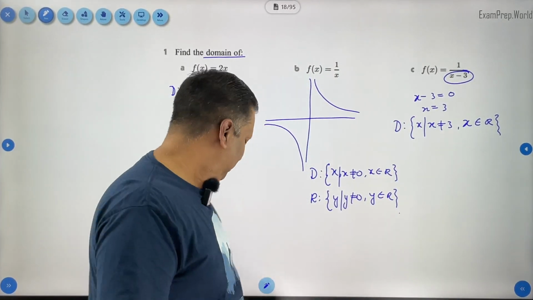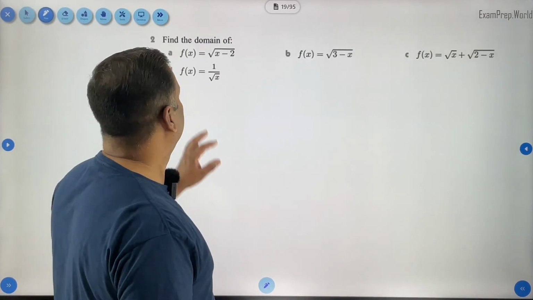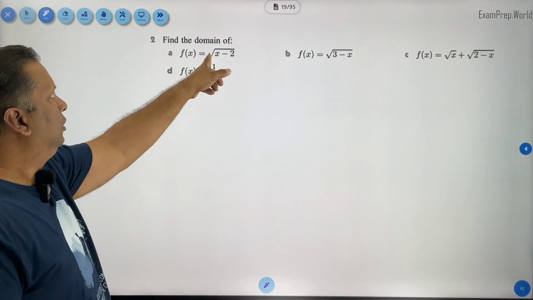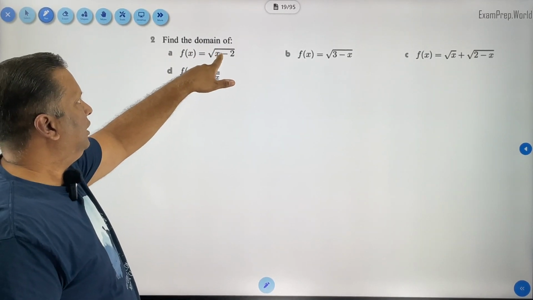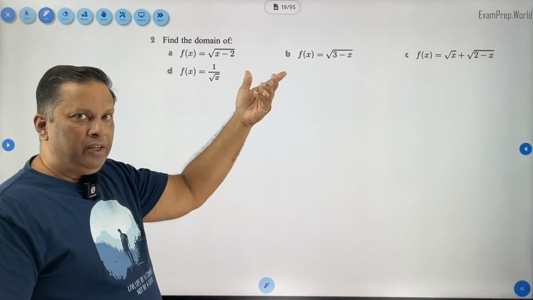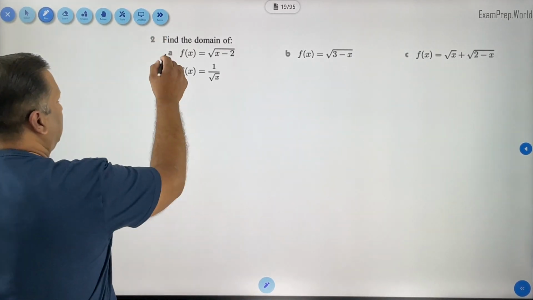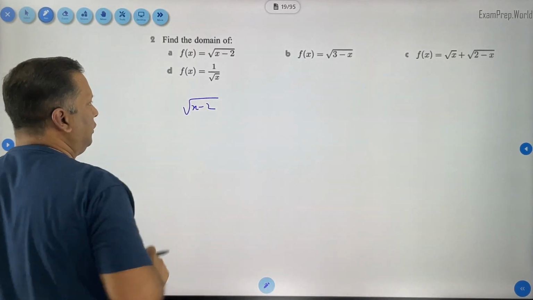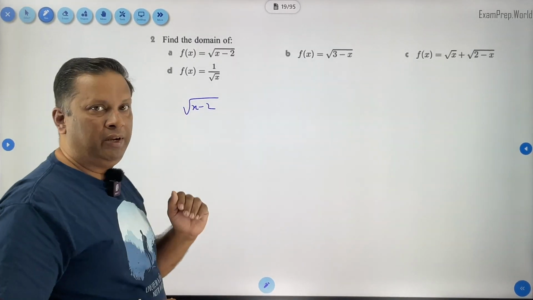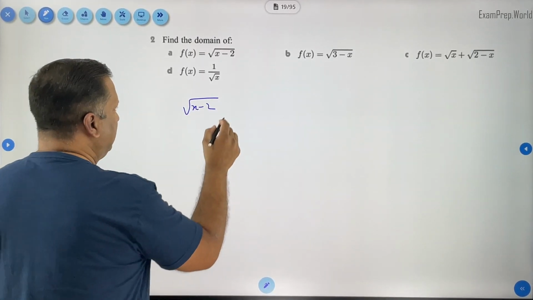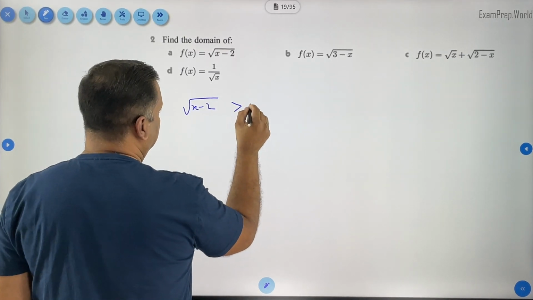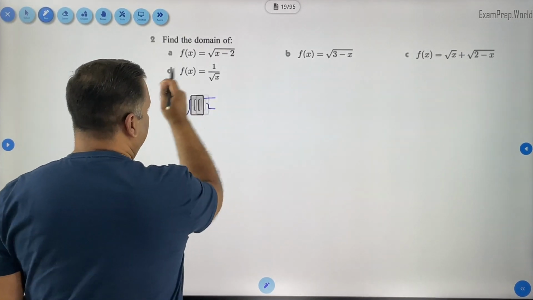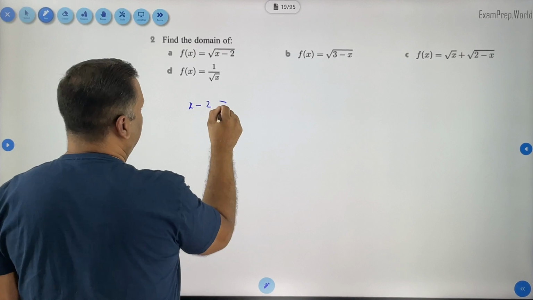Okay, next one. Here, root of x minus 2, right, now let us see this. Root of x minus 2, if it has to be a real number, it cannot become negative, right? So what should we write? x minus 2 should be more than 0.